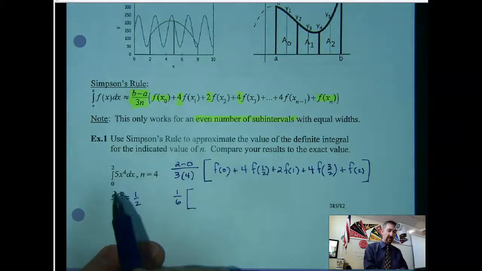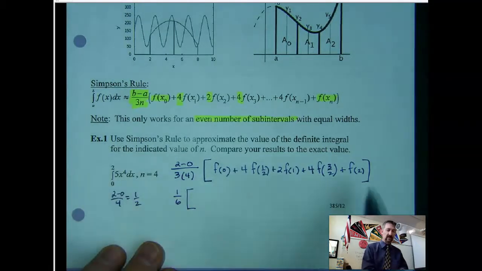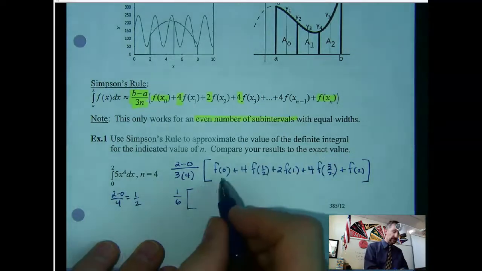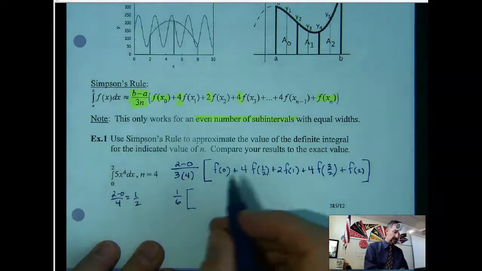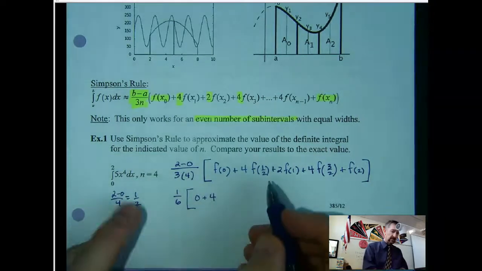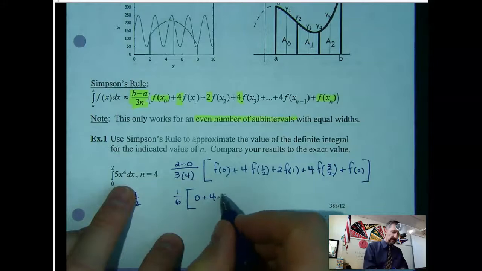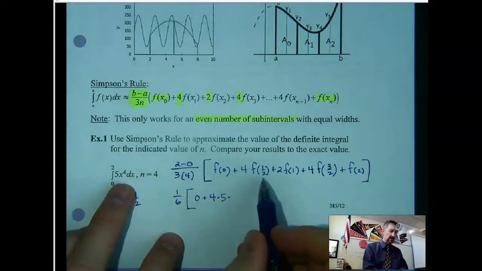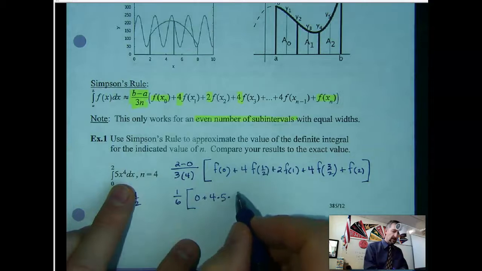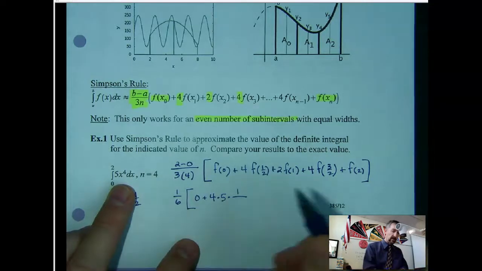f of 0, we're not integrating this, we're using this to approximate this integral. So we're not actually going to integrate that, except when we compare it to the exact value there. But if you plug a 0 in there, that's going to be 0. Now here, it's going to be 4 times 5 times, if we plug a 1/2 in there, it's going to be 1 over 2 to the 4th power.